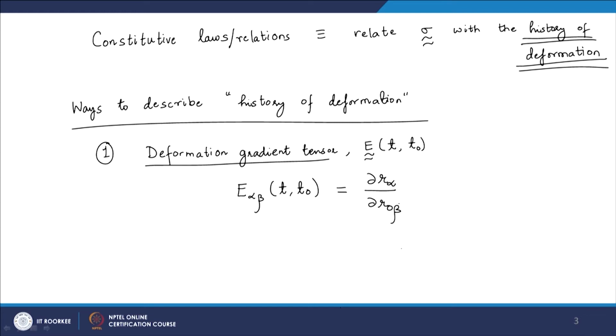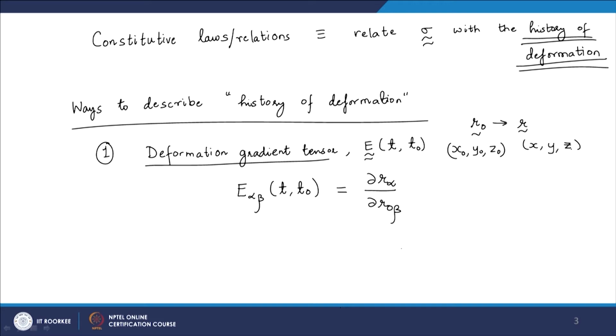Okay. So, let us say for example, we have a deformation going from r naught to r, which in Cartesian coordinates is x naught, y naught, z naught going to x, y and z.